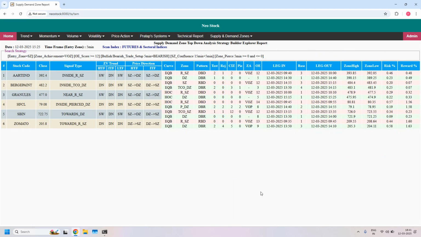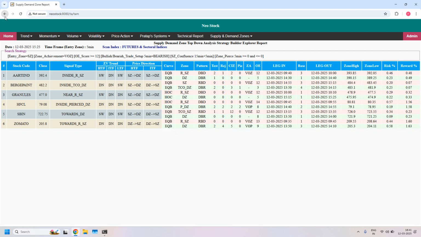In all these 6 stocks, these 5 minute supply zones are overlapped with 15 minute supply zones. And the 15 minutes trend is down in all these stocks because it is a bearish trade setup. So if any of the 15 minute supply zones have daily EMA confluence, then those 5 minute supply zones might have more probability of success.